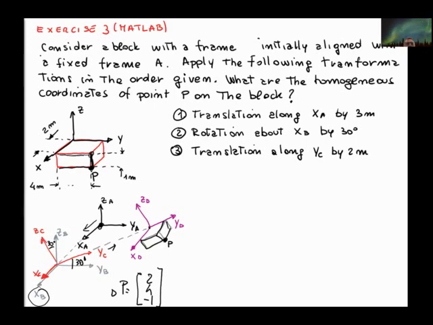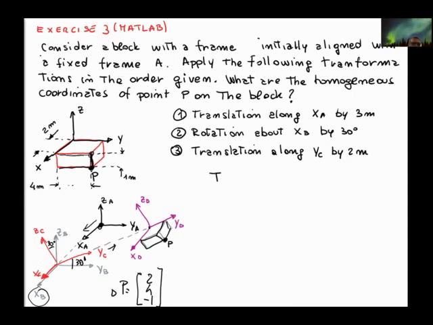Then to compute the homogeneous transforms that represent the position and orientation of point P in the original frame, in the frame A, we need to compute all the roto-translations.